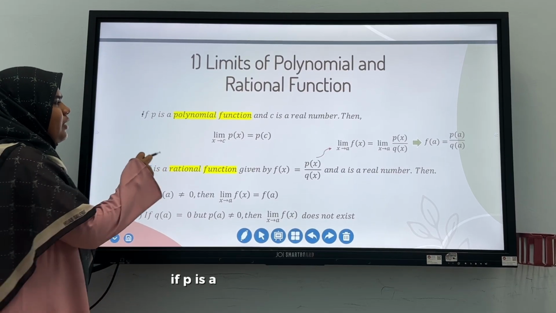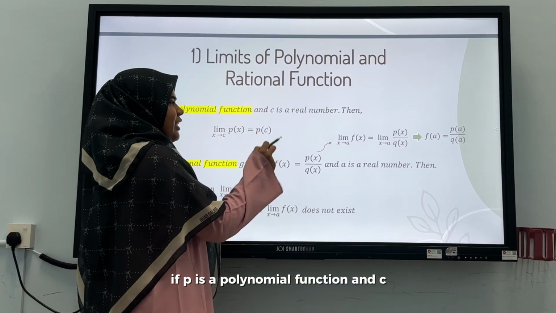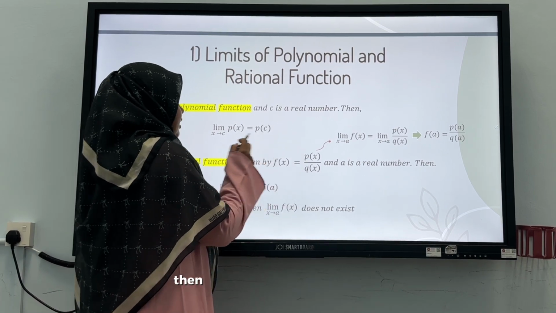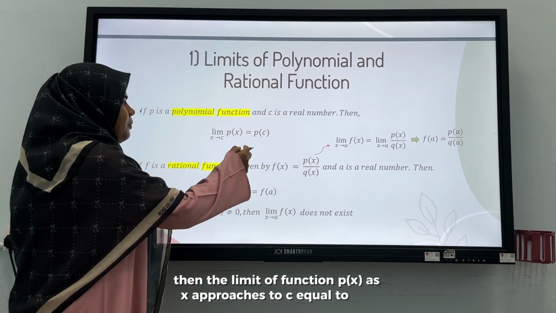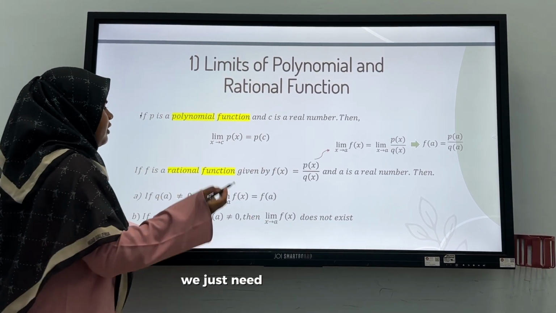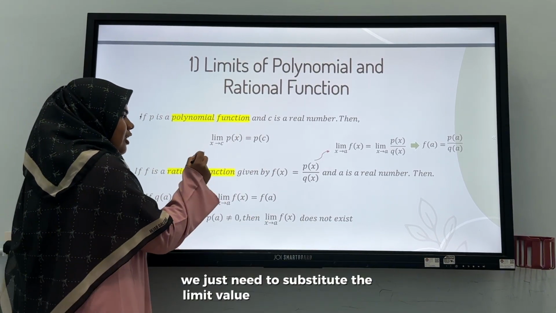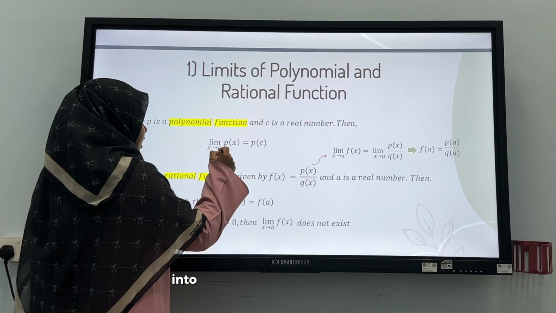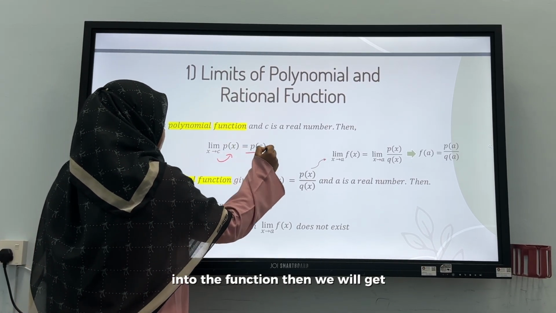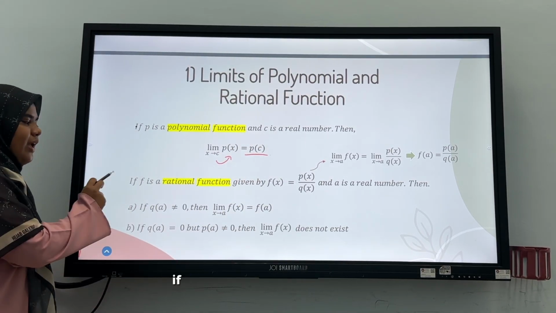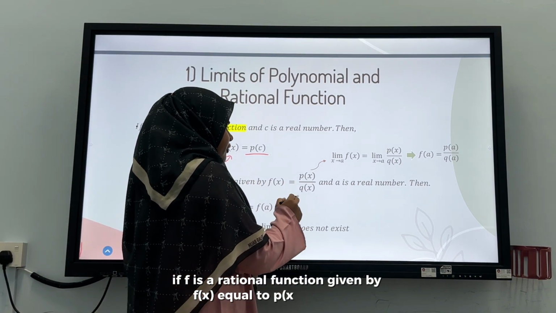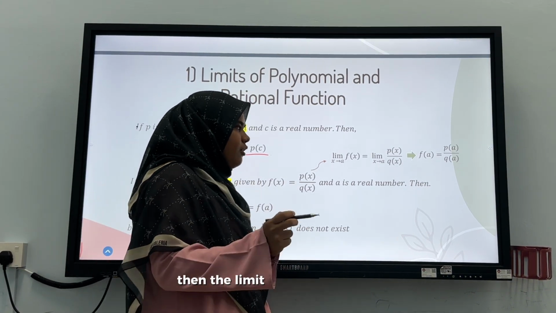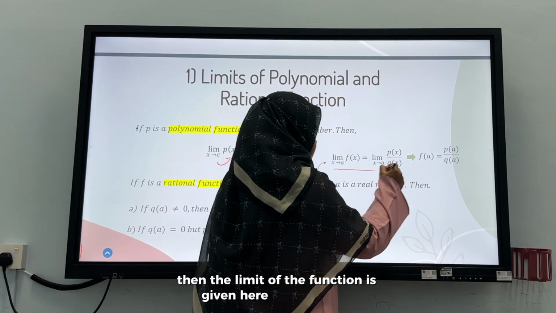If p is a polynomial function and c is a real number, then the limit of the function p(x) as x approaches c equals p(c). That means we just need to substitute the limit value of x approaching c into the function, then we will get the answer. If f is a rational function given by f(x) equals p(x) over q(x), then the limit of the function is given here.